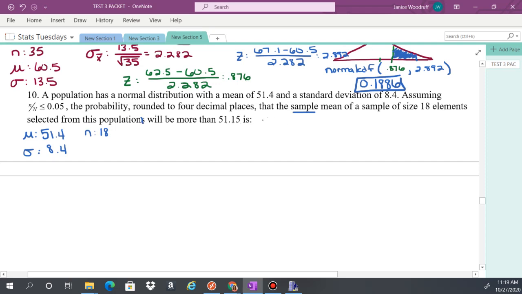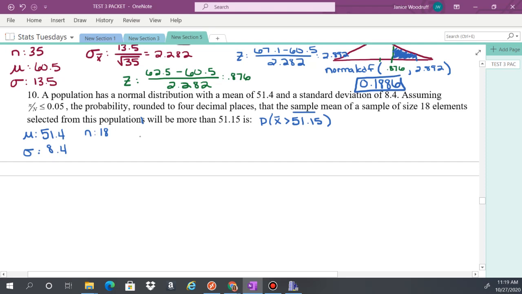All right, so we want the probability that x bar is greater than 51.15, and I'm doing x bar instead of x because I'm doing a sample. So we will want to standardize the score by finding the z-score.